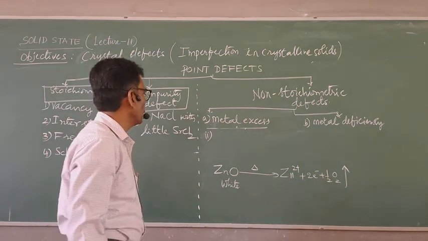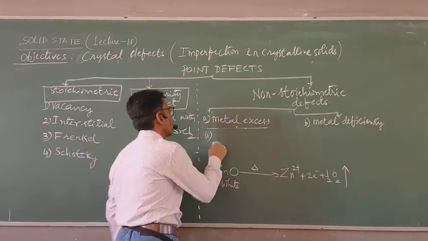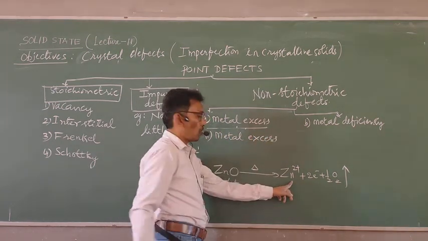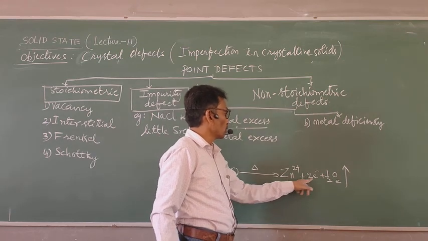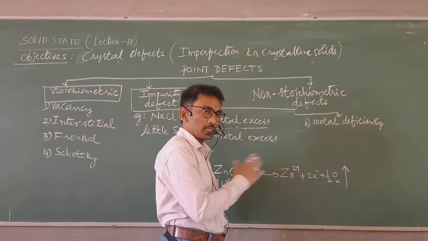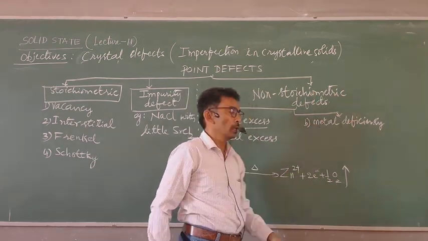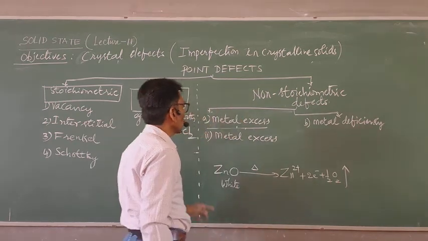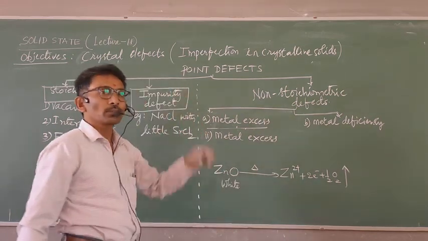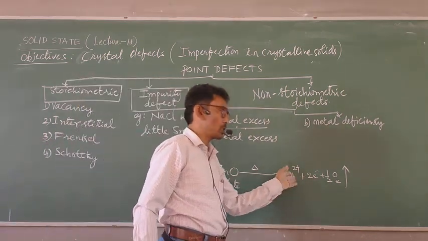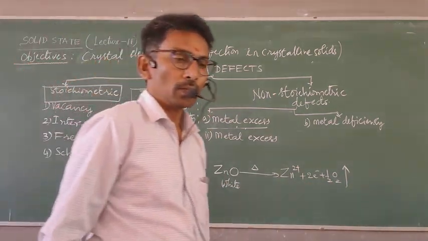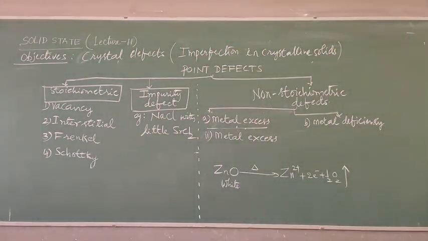Then what is created? An extra cation is there, so it is also metal excess. These are not in vapor state. Zinc 2 plus ions are in interaction with electrons. The electrons also do not escape from the vicinity of the crystal lattice, but oxygen escapes. So here, an extra cation is present, and that is only metal.